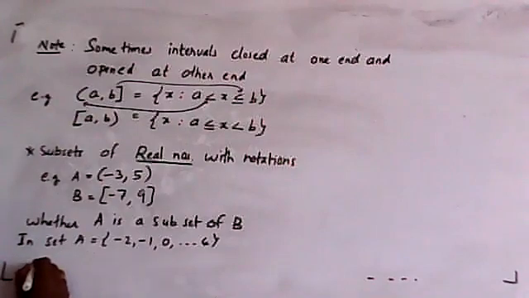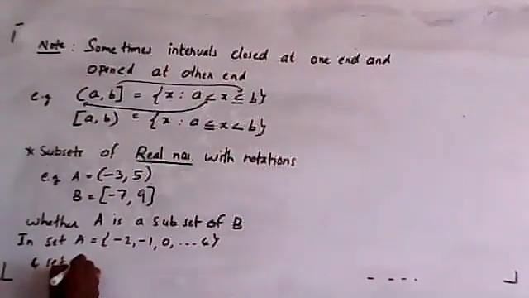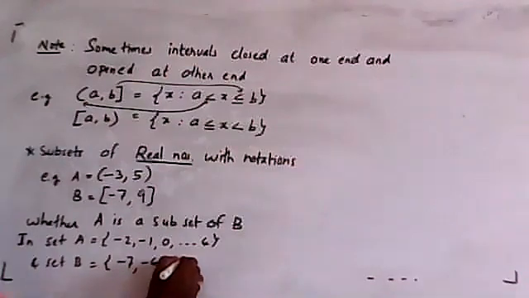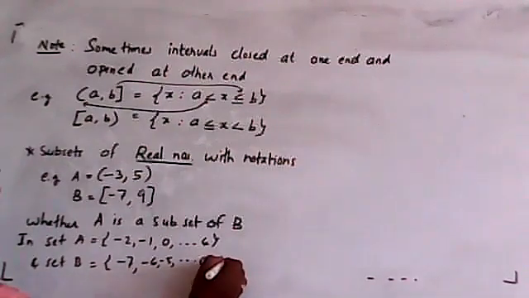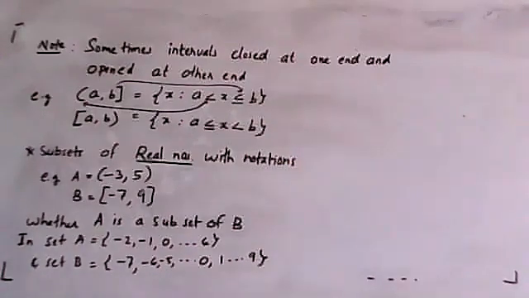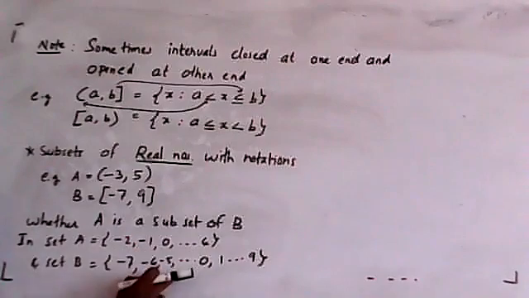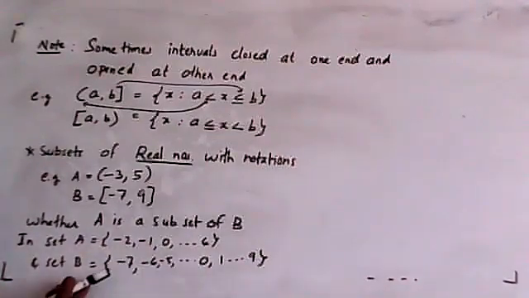But in set B, you can see minus 7 is included. Minus 6, minus 5, and so on, 0 also, again 1, and so on, 9 also. You just check now: whatever the elements in A, minus 2 and so on, all those are present in this. Not only that, along with that, a few more elements are there in set B.